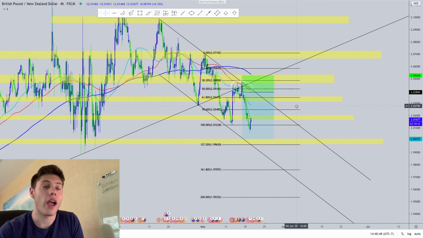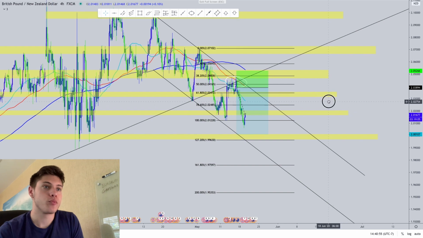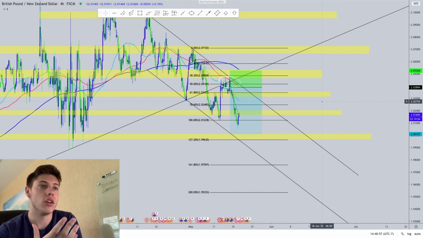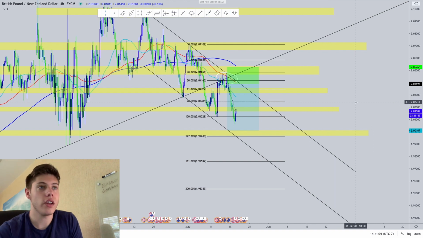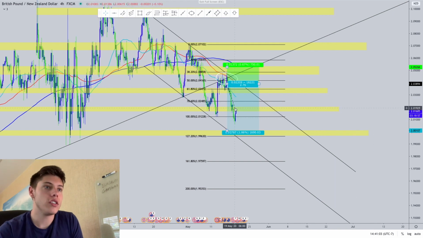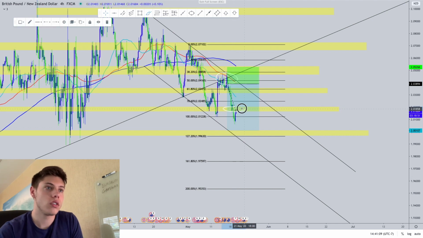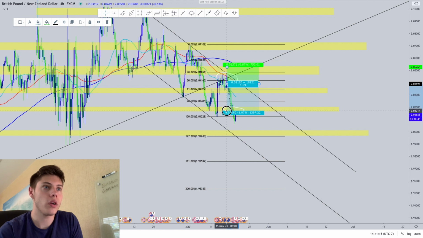So let's talk about how I managed the trade. Right off the bat, we had strong selling pressure, and so that was obviously good, right? Almost no drawdown for this trade. And then it hit this zone, and it started coming back. So I did take partials. I took some partial profits there, right? Because at that point we were at 1.5 times our risk.